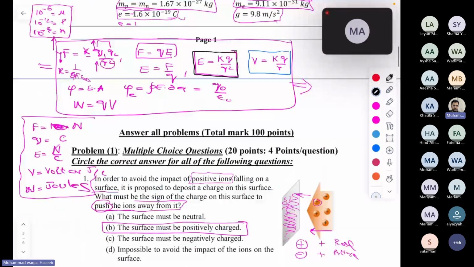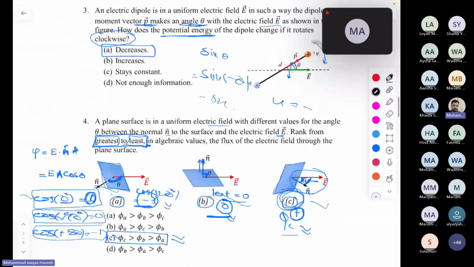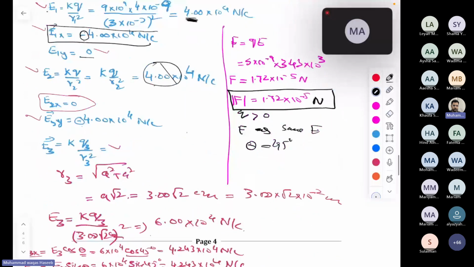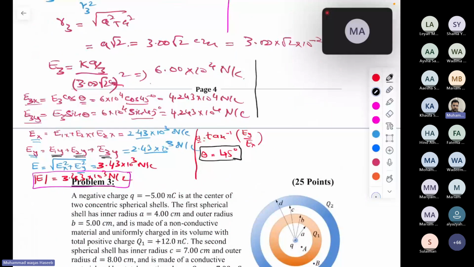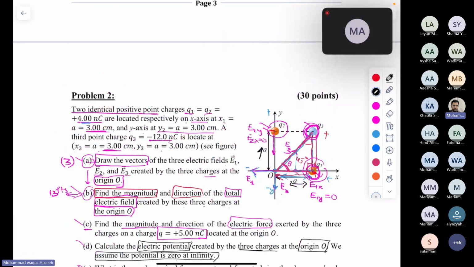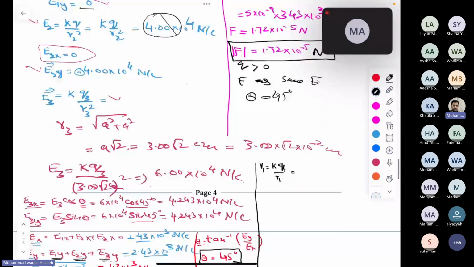That's the formula: V equals KQ over R. So the potential V1 is K Q1 over R1, and R1 is this distance A. We calculated the other distance, R, as the square root of A squared plus A squared, which is A root 2. So we have all the distances.